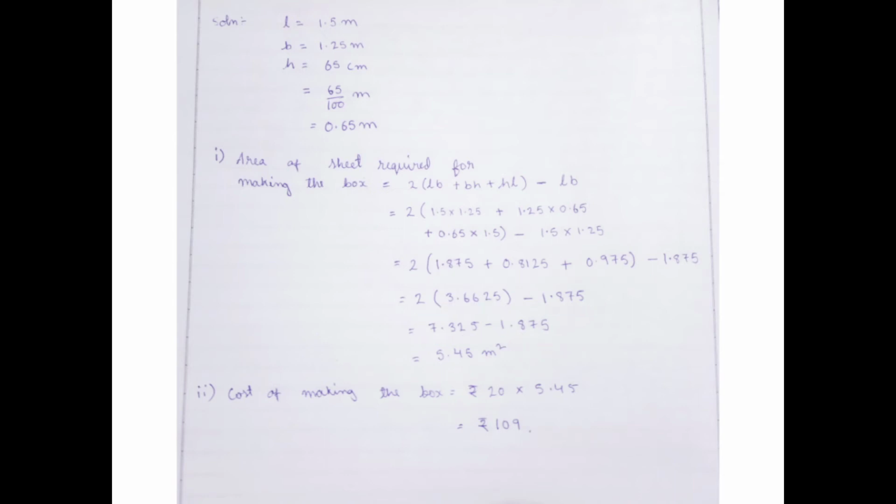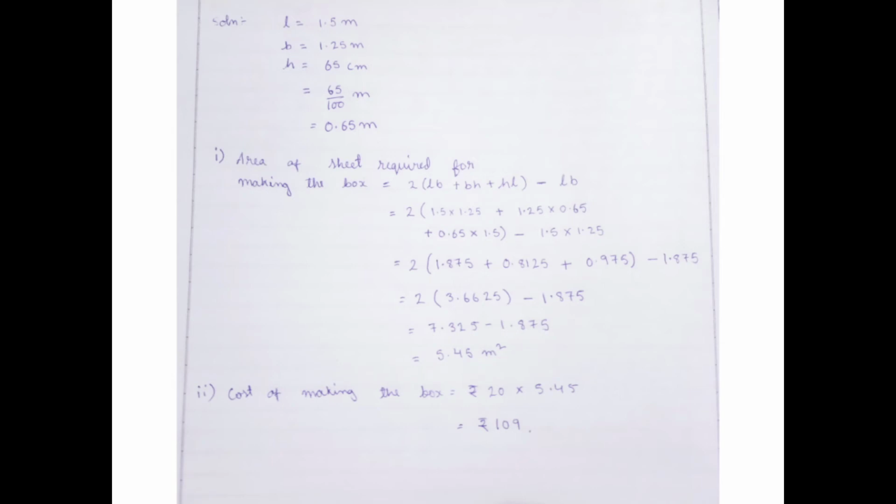Next step, you subtract these two numbers, and you will get 5.45 meter square. We are putting meter square because we are finding area. While finding area, you have to always put square at the end of meter or centimeter.